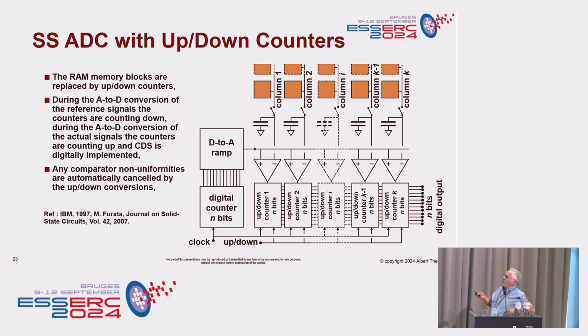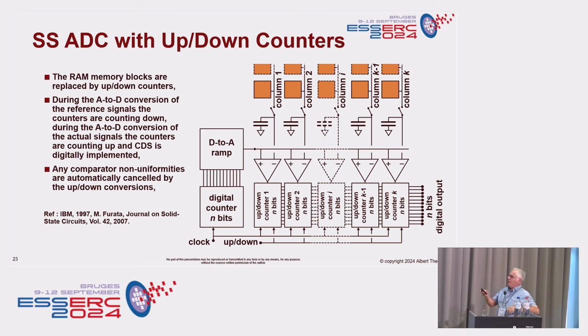And at that moment, you do over here the conversion with a down counting stage. So your counters are counting down. And at the moment that your comparator over here flips state, you stop the counter. But you keep that result still in the counter as a kind of a memory. But you stop the counting.